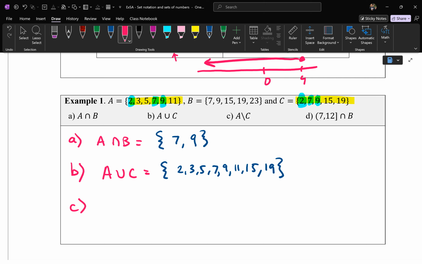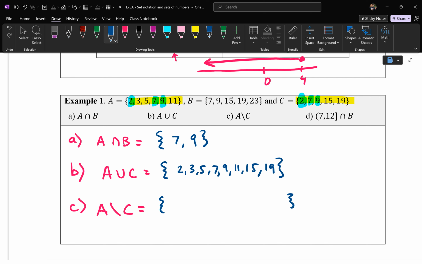Backslash. Remember, backslash. If you do forward slash, I will remind you. I normally would penalize, but I'll just remind you it's not forward slash, it's backslash. What does A backslash C mean? What do you think that means? Very good.